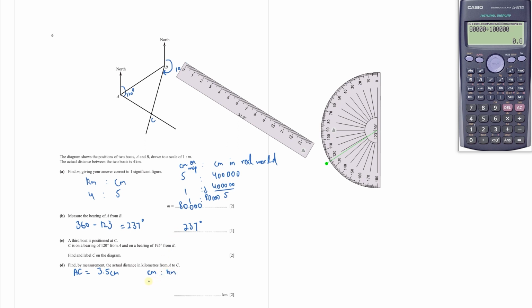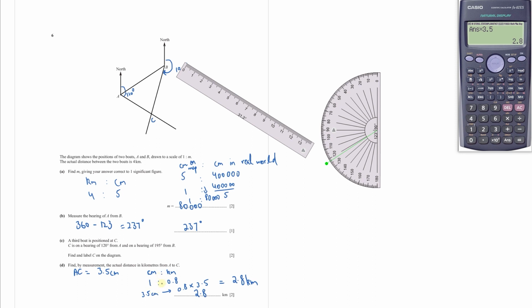So 1 centimeter is 0.8 kilometers, and then 3.5 centimeters will be 0.8 into 3.5 kilometers. So 0.8 into 3.5 is how much? This is 2.8. So this will be 2.8 kilometers, and your final answer here will be 2.8.